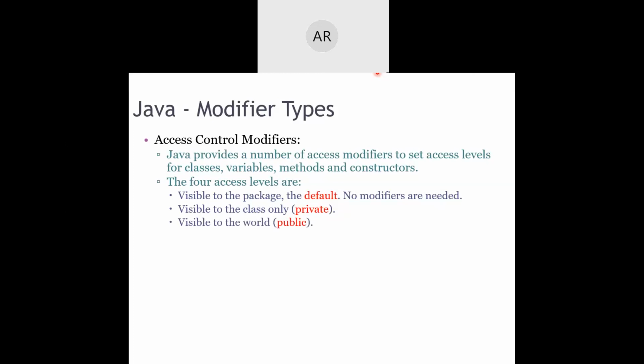It is not valid outside of the class. So private members are the most secured variables, methods, or classes. Next is public. If you don't want any security, the variable, method, or class can be accessed from anywhere in the program, then that category is called public.